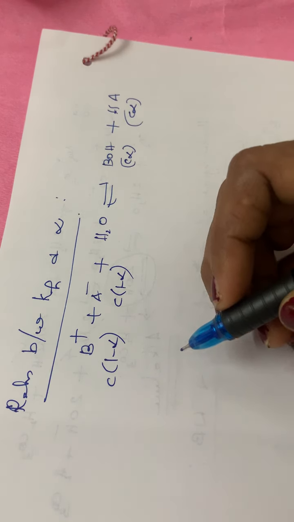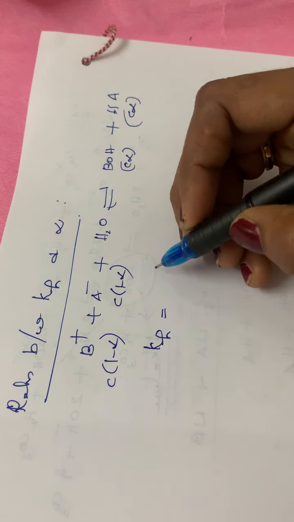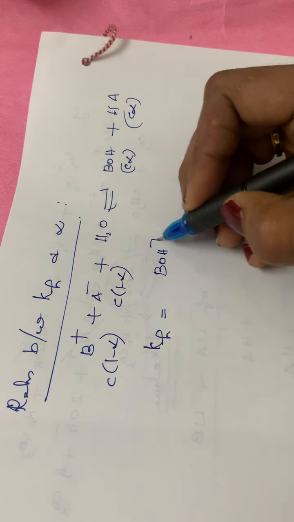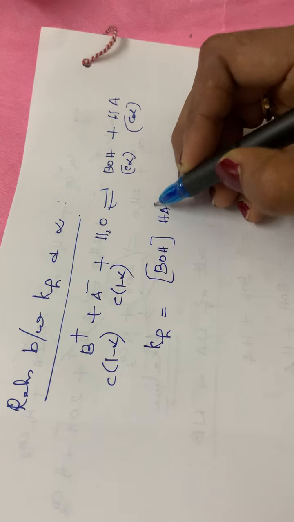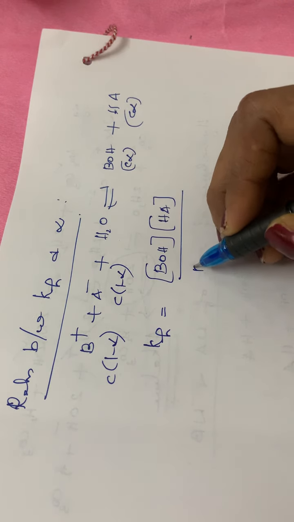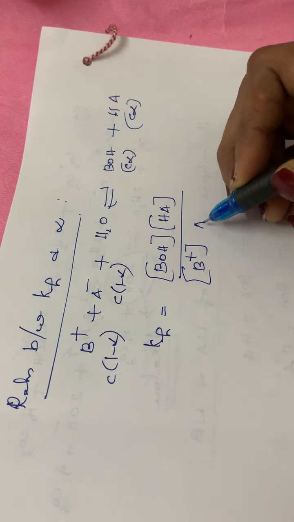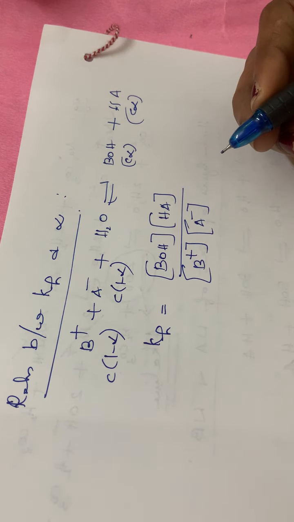Then KH is equal to concentration of BOH into concentration of HA divided by concentration of B plus into concentration of A minus.